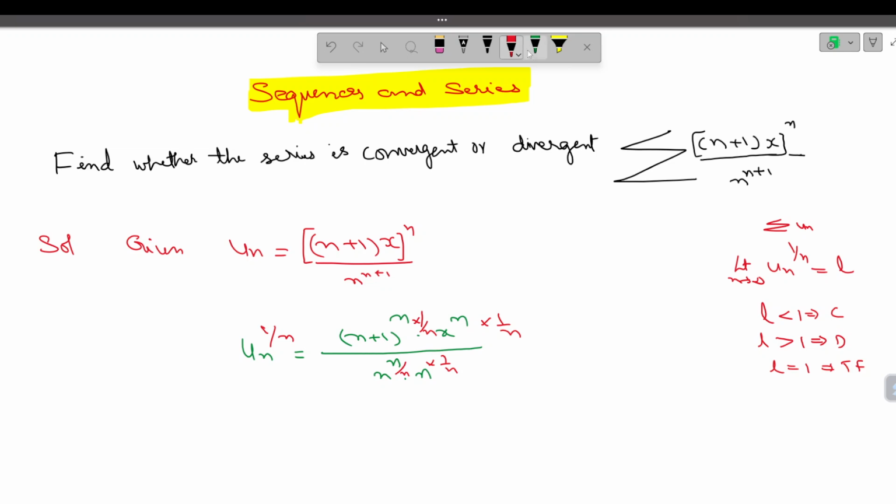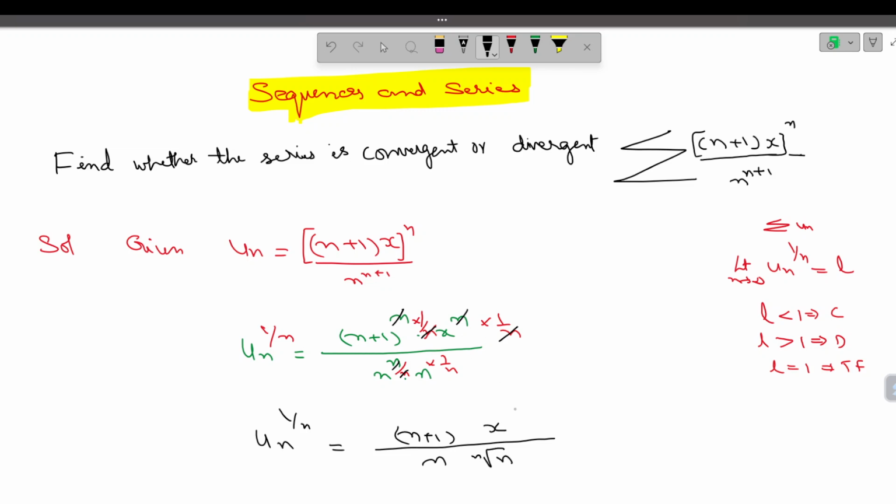So what will happen? This n to the power of n and the power 1 by n get cancelled, and what remains is the nth root of n.